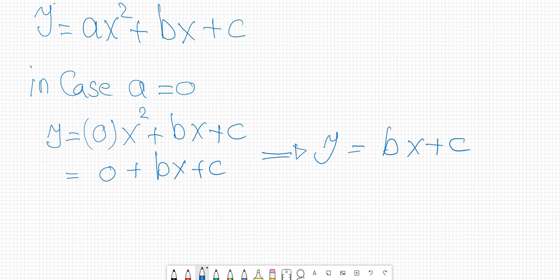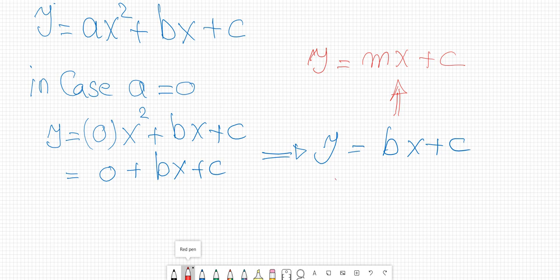Let me remind you about something. b x plus c looks like y equals m x plus c. So definitely when a is equal to 0 in the general form of the quadratic equation, the function turns from second degree to first degree.